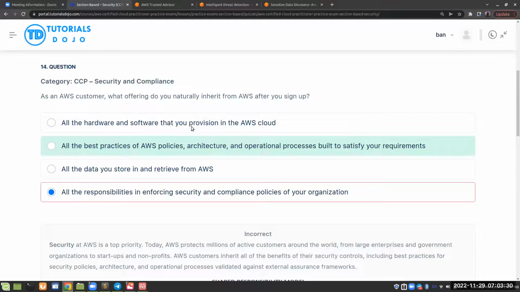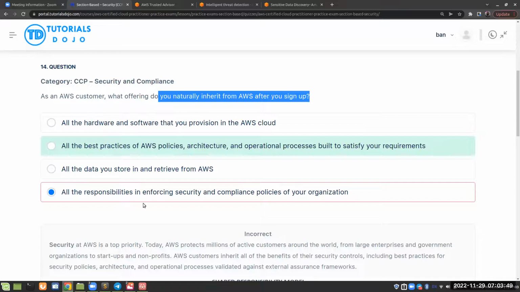Because when you sign up, immediately you sign up, right? If you create an AWS account, you don't yet have anything like hardware and software that you provision. You have just signed up, so nothing has happened yet.